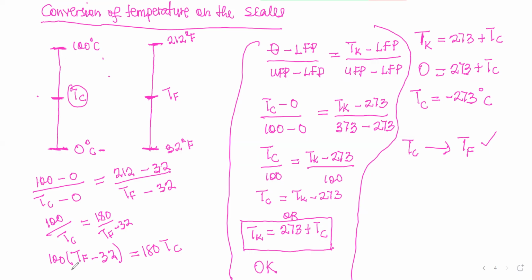We can decide to divide through by 100. And this will give us TF minus 32.